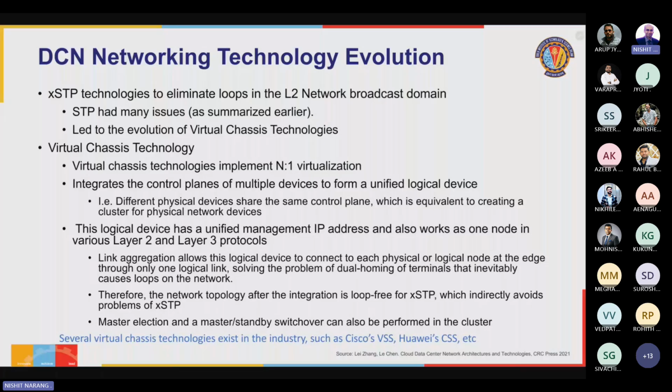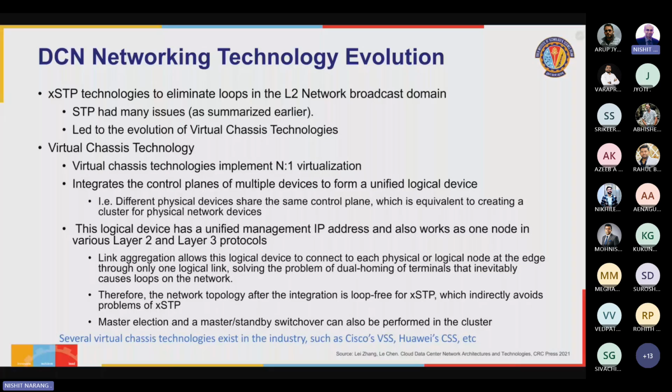And to limit this broadcast storm, the spanning tree protocol was brought in to mark some of the cyclic paths in the network as redundant paths, as standby links, so that the cycles in the network could be broken and therefore the broadcast storm could be arrested.